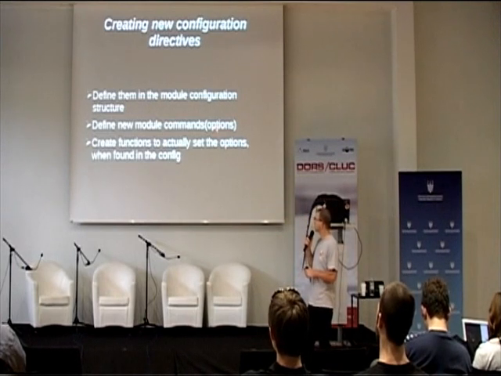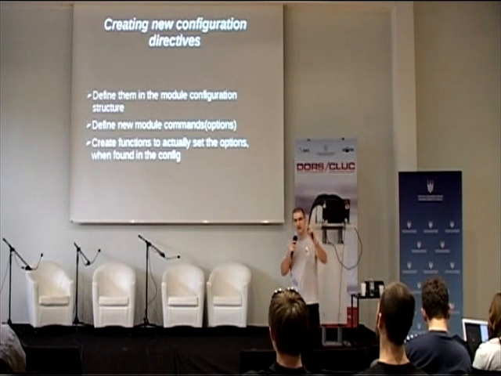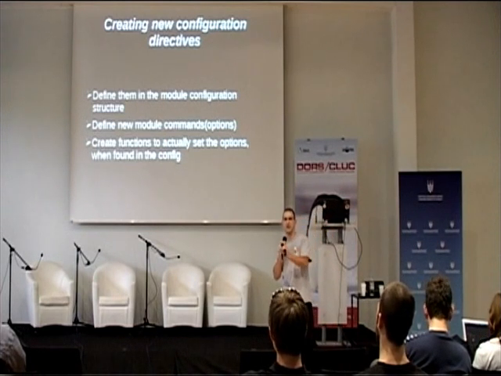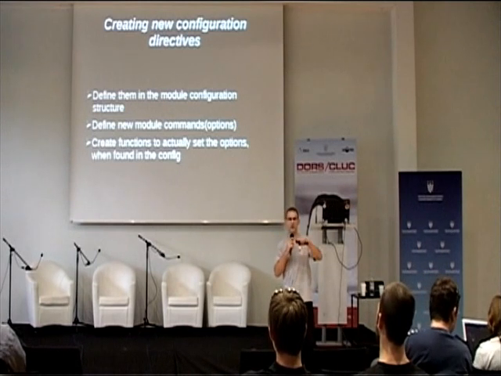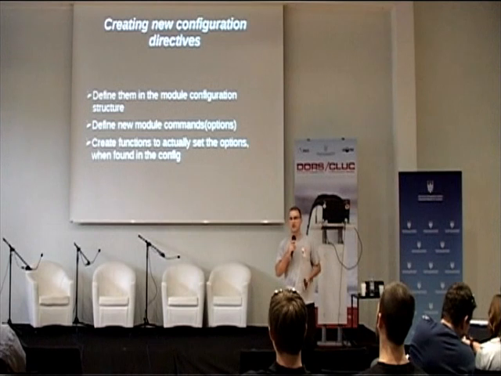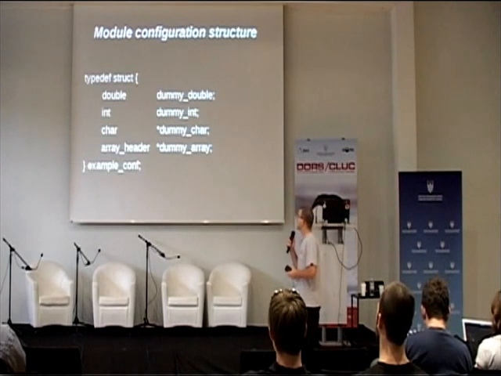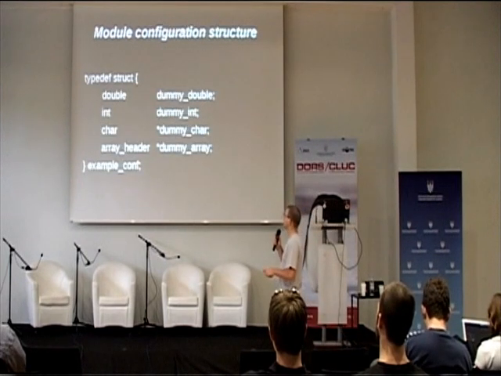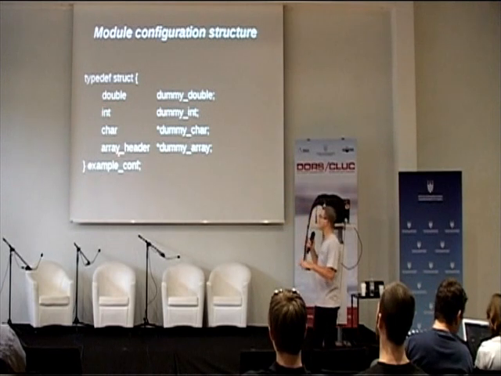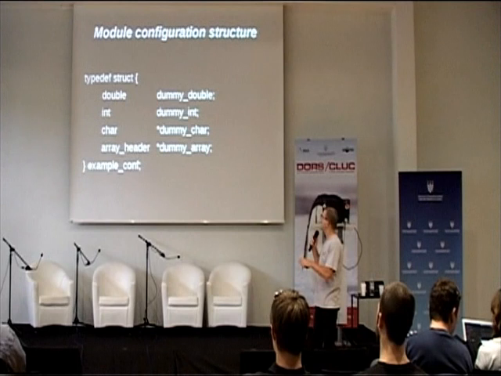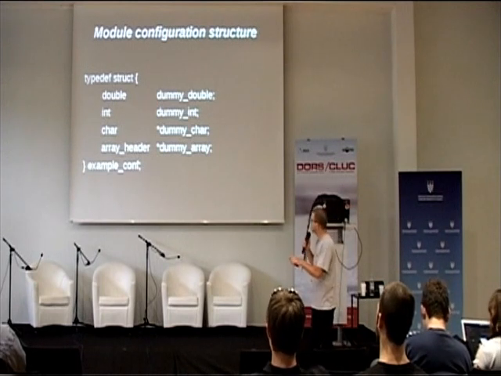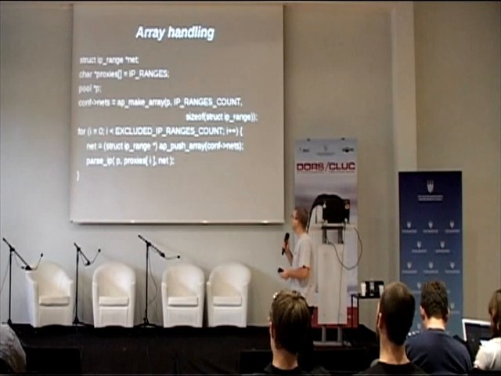These are the actual options, and you have to define the functions that will handle the text that is in the HTTPD configuration and parse it to something that will be used by your module. The structure usually is pretty simple, something like this. You define some type of element, and this is the structure that you use.